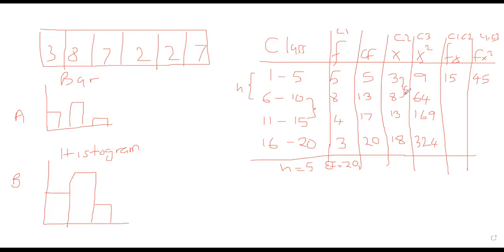Okay, 8 times 8 is 64 on the fx, correct? Then 8 times 64 is 512. 512. Good.